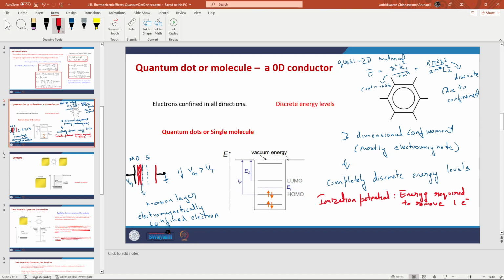Now, as you know, these discrete energy levels actually go all the way up to infinity. That does not mean that the electron is always trapped in the system, because for all practical purposes, if an electron gets a high enough energy, it can escape from the material.